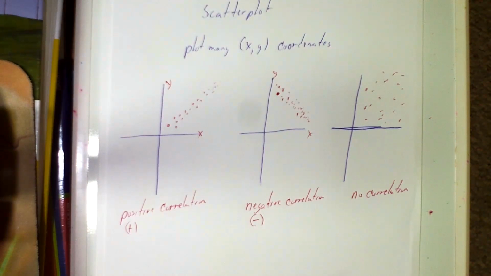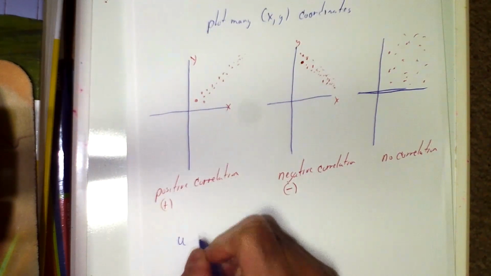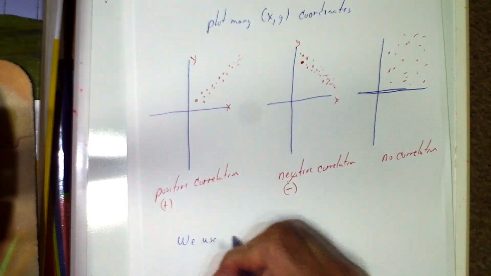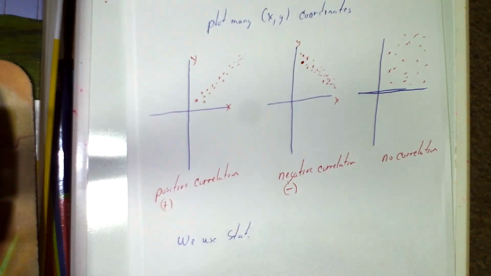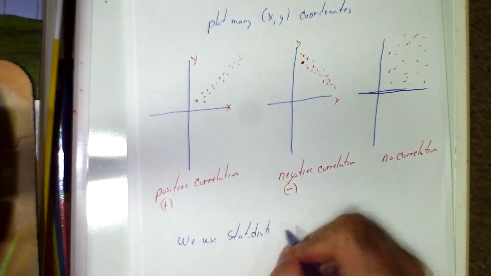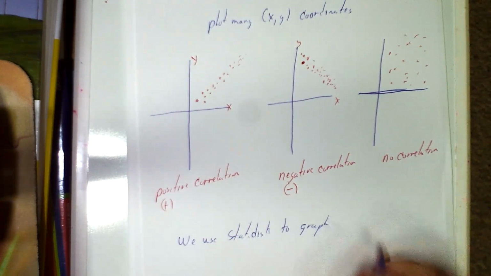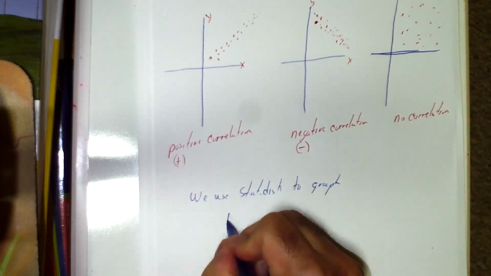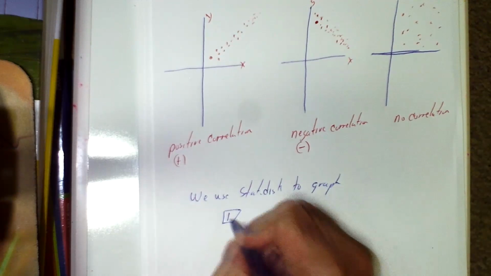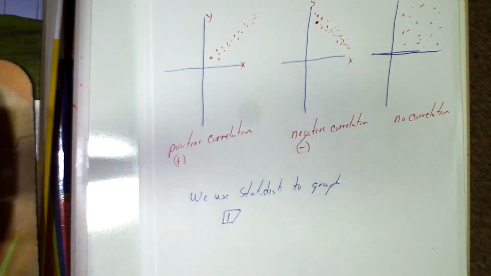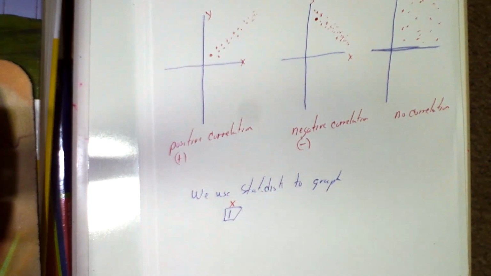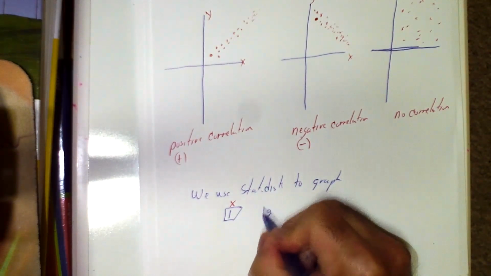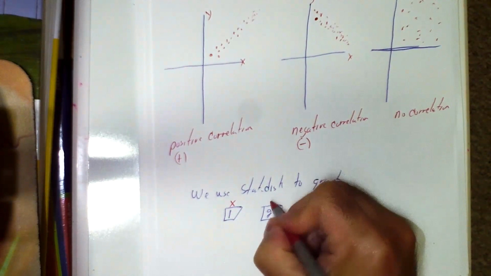Okay, so what we do is we use StatDisk. Pretty much what you're doing is on column 1, you're going to put your X values, and on column 2, you would put the Y values.